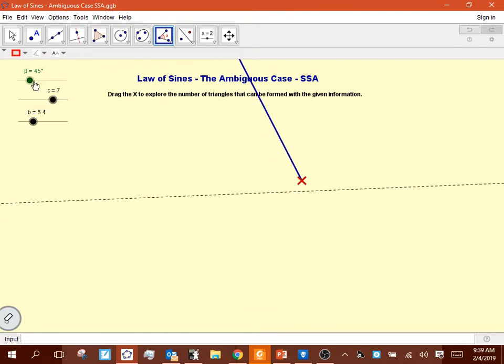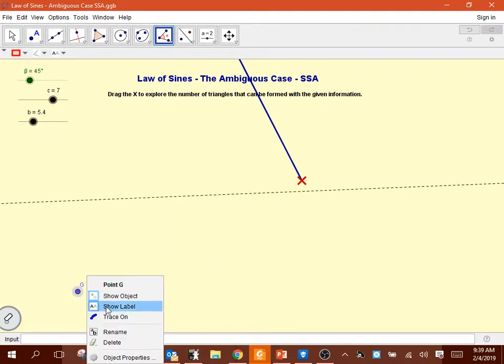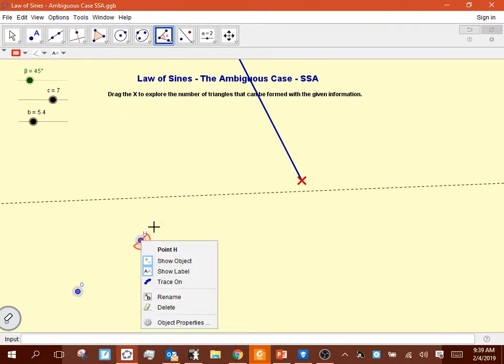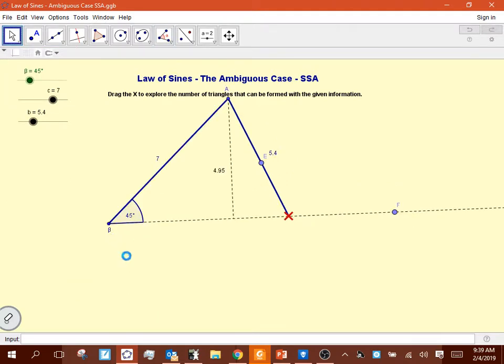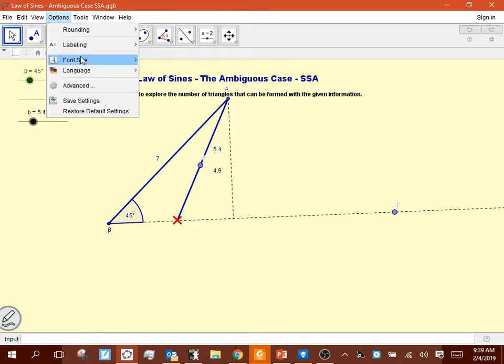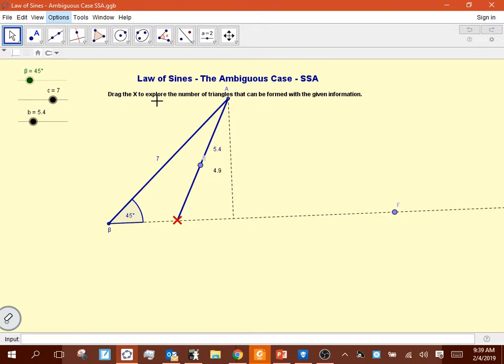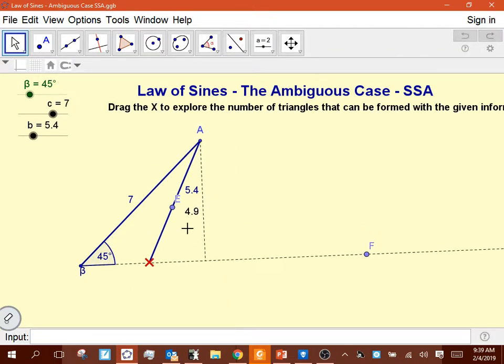So that's kind of the problem that I have showing you this right now. I'm going to fix that by messing with the rounding. Let's go here, rounding, 1 decimal place. All right. Can you guys see those numbers a little better?